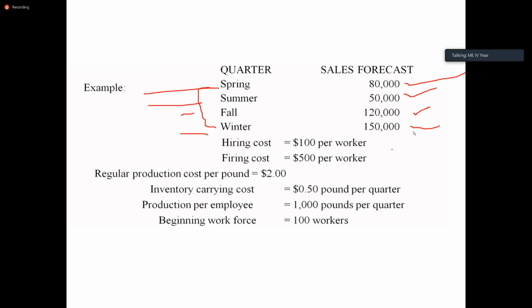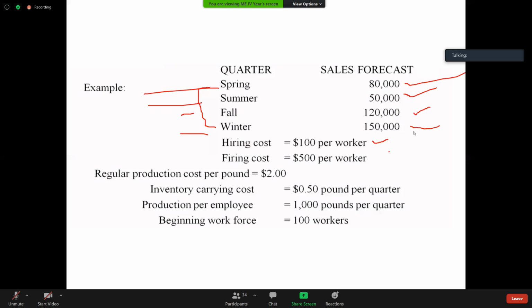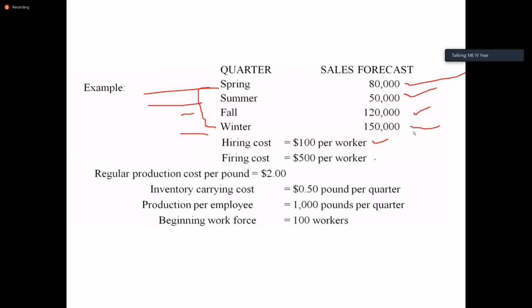They also gave that if they hire any worker, they need to pay $100 per worker, and if they fire from the company, they have to pay $500 per worker. Regular production cost per part is $2, inventory carrying cost is $0.50 per quarter, and production per employee is 1,000 parts per quarter.